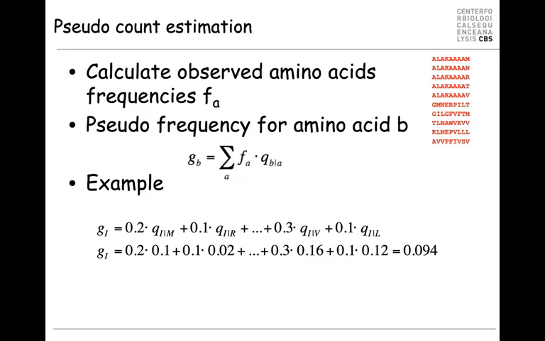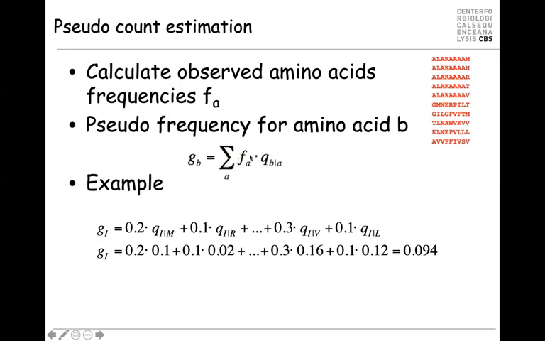We now write it down in a more formal way. Here we can say the pseudo frequency at a given position of a given amino acid type is the sum over all the observed amino acids in that given position, multiplied by the BLOSUM likelihood of changing the observed amino acid into the amino acid we're looking for, B. So again, going back to our data here, looking at the last column up to the right, we want to estimate the pseudo frequency for isoleucine.